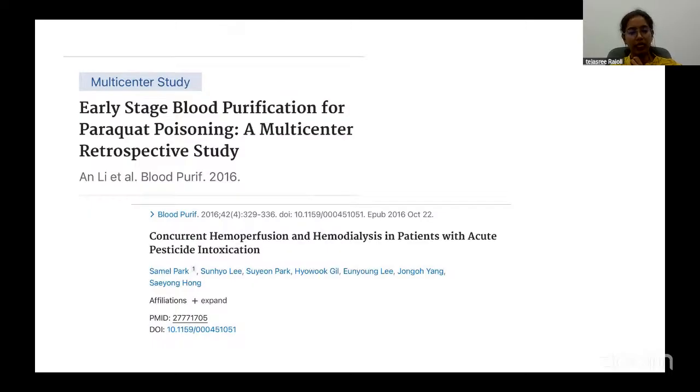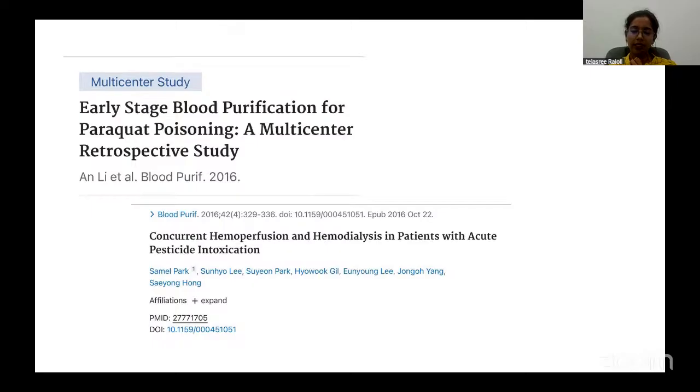The mortality was very high in patients who underwent hemoperfusion followed by hemodialysis compared to concurrent therapy. In their multi-center logistic analysis, they found that age, ingestion volume, presentation, and the treatment approach were indicators of mortality.